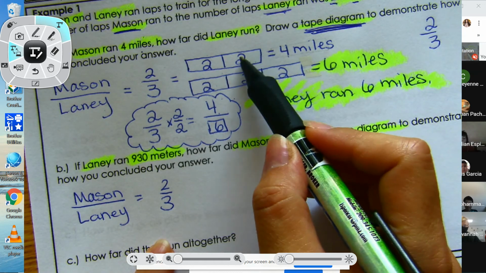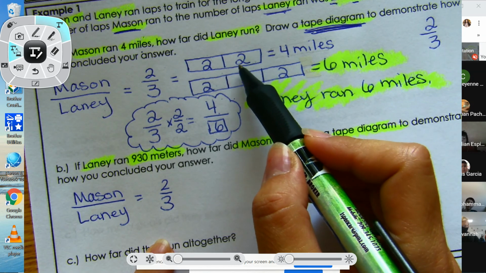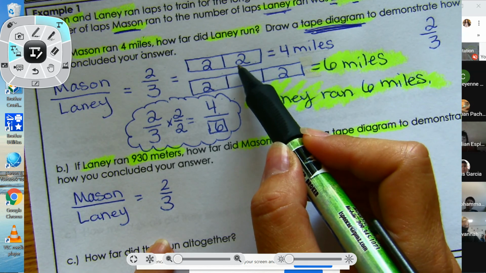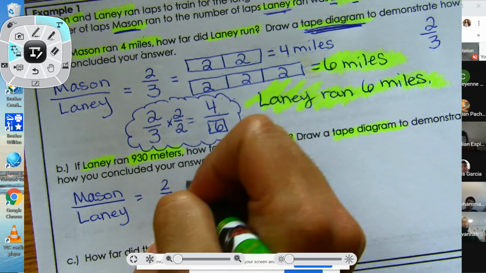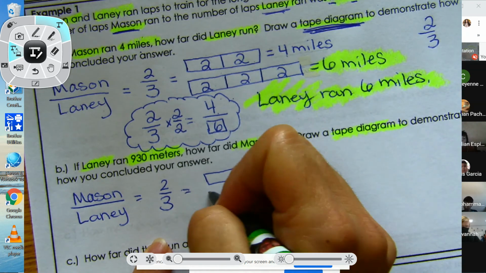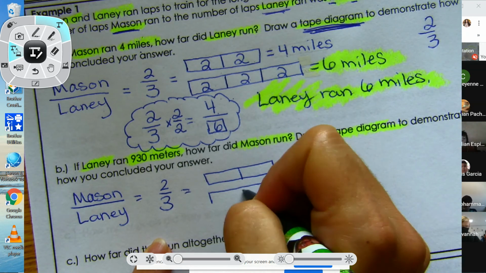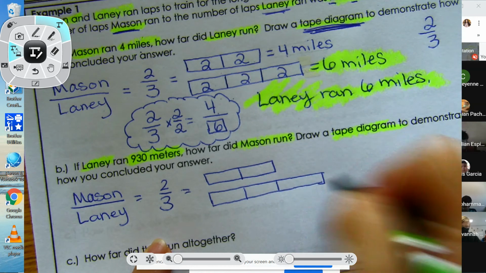Now, just like the last one, you need to make sure that the pieces of your diagram are equal in size, the best that you can, and that your sections are lined up. So I'm going to do my 2 here, and then my 3 here.